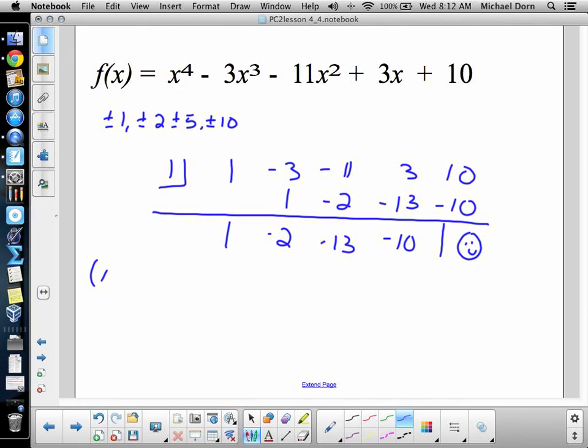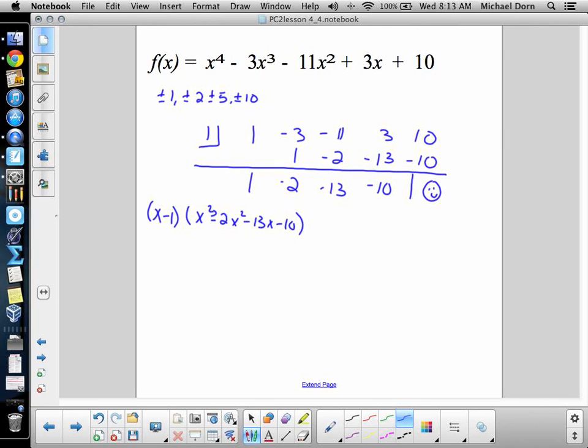x minus 1 is a factor. And we're left with x cubed minus 2x squared minus 13x minus 10. Oh dear, that's not going to factor nicely and easily probably. So we have to start again with synthetic, now with this polynomial.